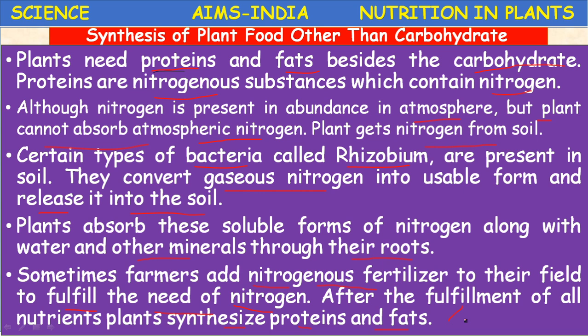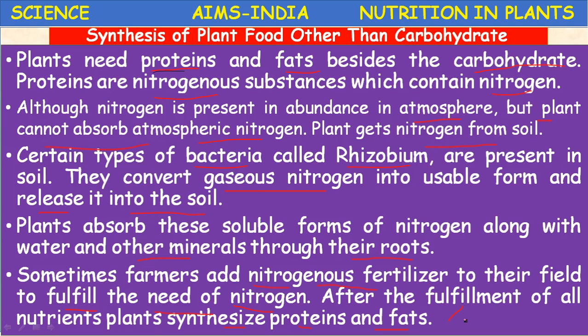After absorption they help in the formation of what is present in the fats and proteins. Of course fats also contain carbon, hydrogen and oxygen, but especially proteins contain nitrogen. So nitrogen is one of the important requirements for the formation of proteins in the plants.